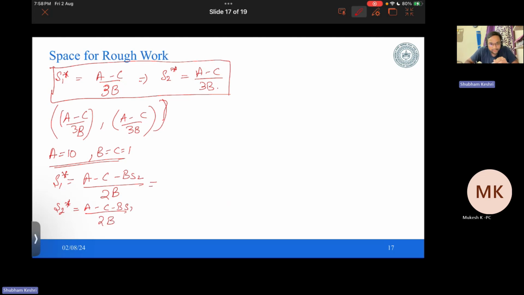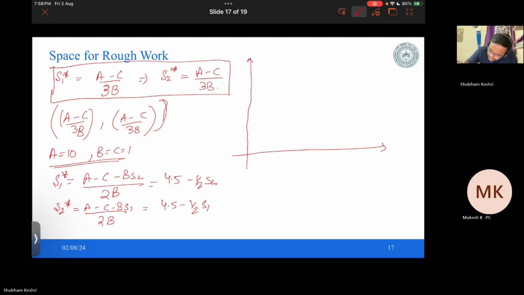If you plug in these values, it becomes S1 star equals 4.5 minus half S2, and S2 star equals 4.5 minus half S1. Is this clear? Yeah. So you can just plot the best response curve similarly to what we have done. The axes go to 5, 10. This is S1 and this is S2.